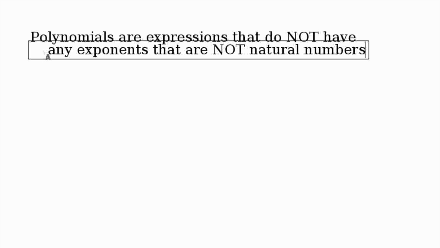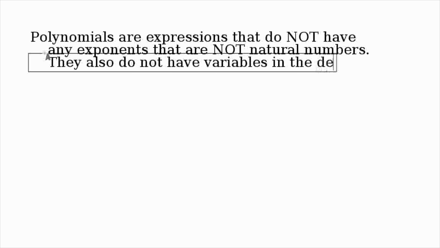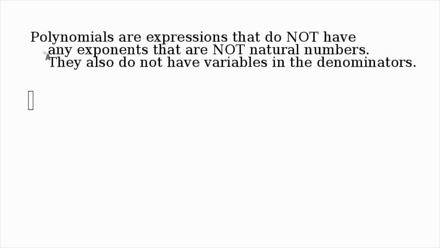That means 0, 1, 2, 3, 4, 5. So you can't have fractional exponents. You can't have negative exponents. Okay, so that's one criteria to join the club, is only simple natural number exponents. Okay, they also do not have variables in the denominators. All right, that would make it not be a polynomial.